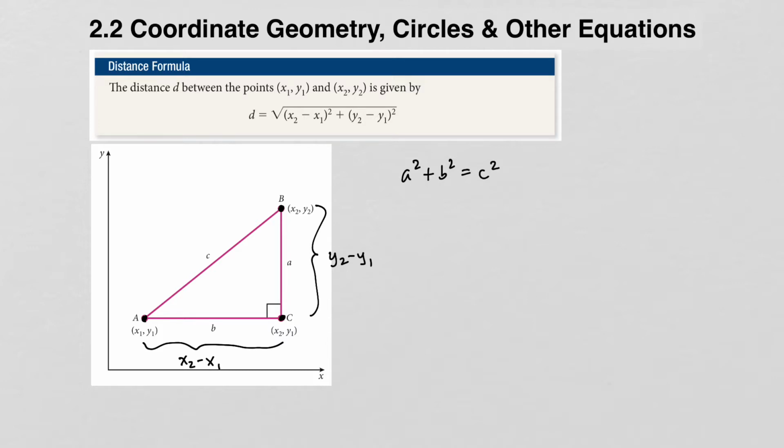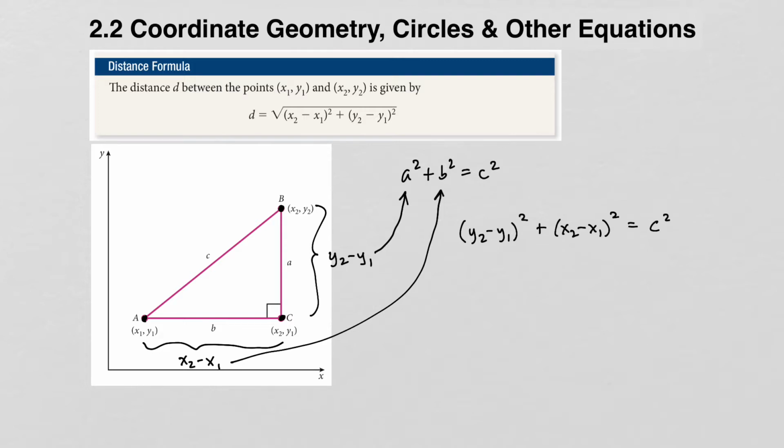All right, so now if we plug those into this equation, A and B can be replaced with those expressions. We get (y2 minus y1) squared plus (x2 minus x1) squared is equal to c squared.